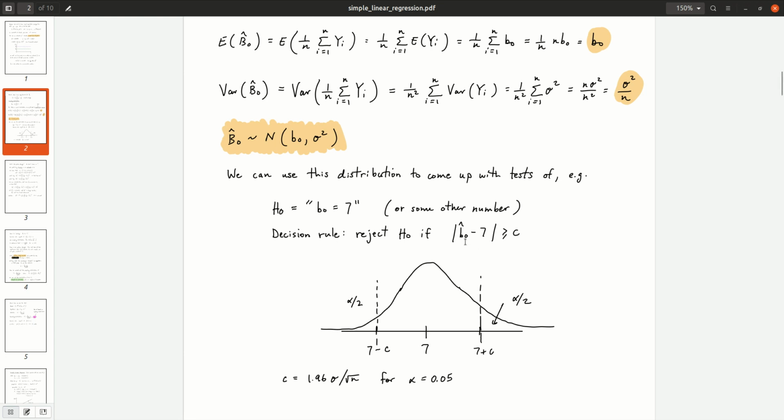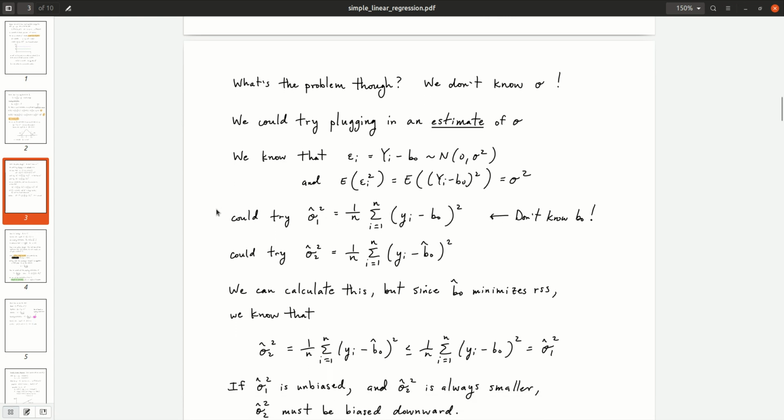This is a reasonable thing to do. If the estimate is far away from the hypothesized mean, we should reject it. And then if we do the math in R, we figure out that C should be equal to 1.96 times the square root of the variance of the estimator, which is sigma over square root n, for alpha equals 0.05. Okay, typo fix here. Remember, this is sigma squared over n.